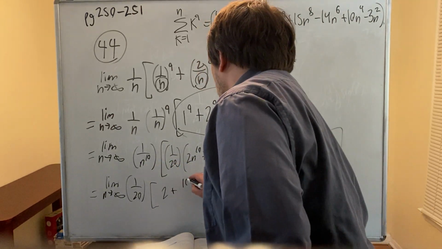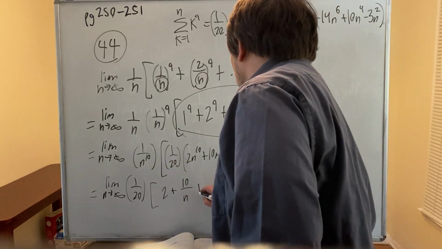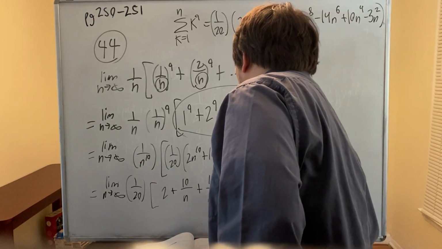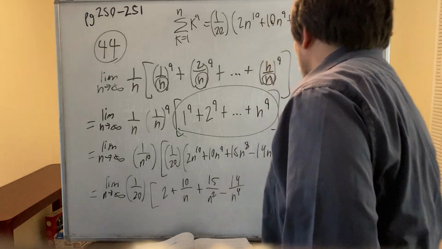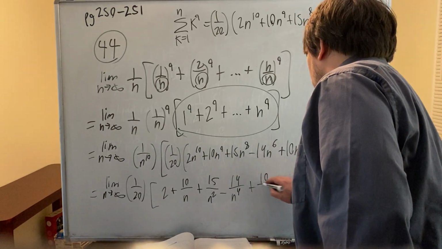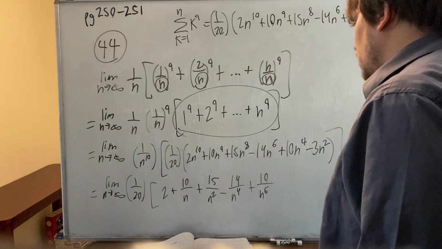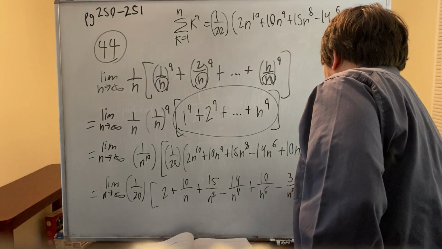Plus 10 over n. Plus 15 over n squared. Minus 14 over n to the 4th. Plus 10 over n to the 6th. Minus 3 over n to the 8th.